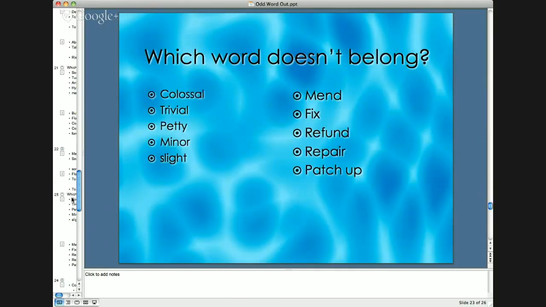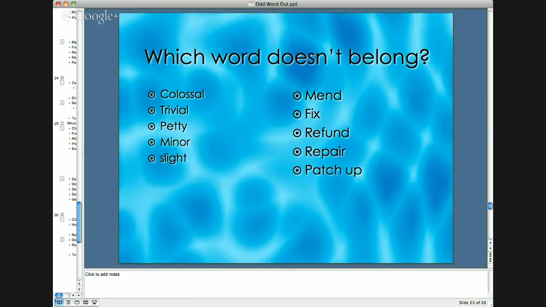All right, let's do one more. Colossal, trivial, petty, minor, and slight. Which word is the odd word out? Well, we know minor is not major, right?